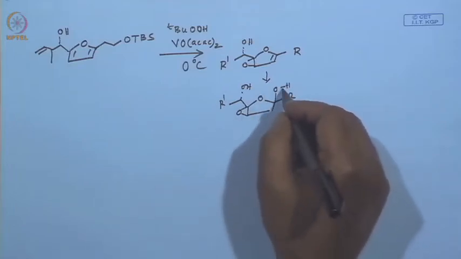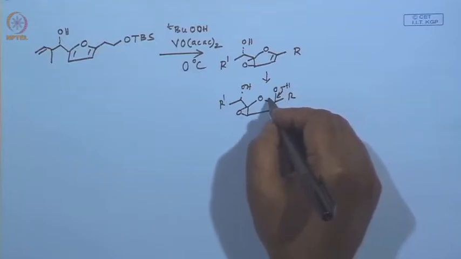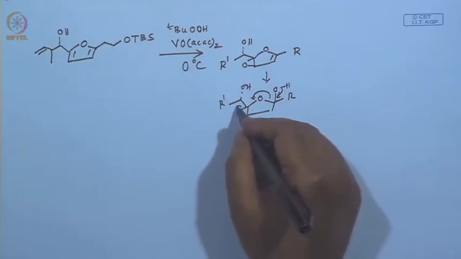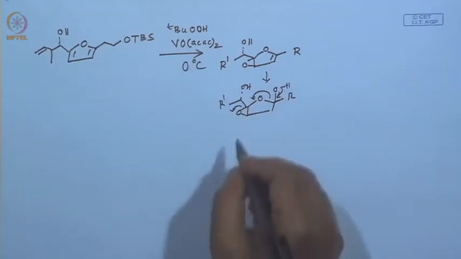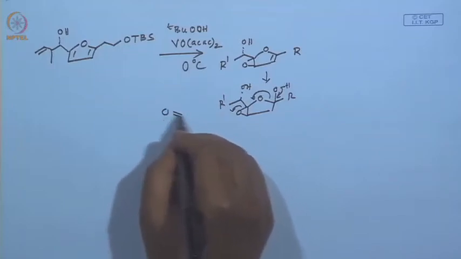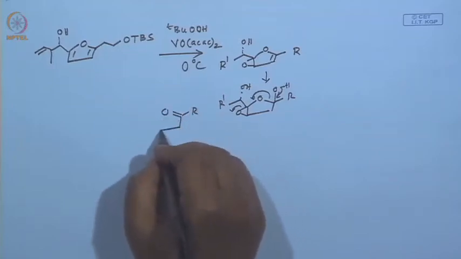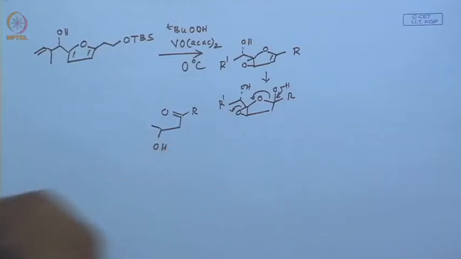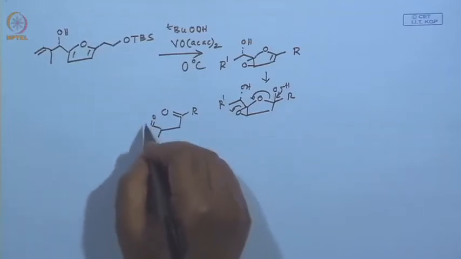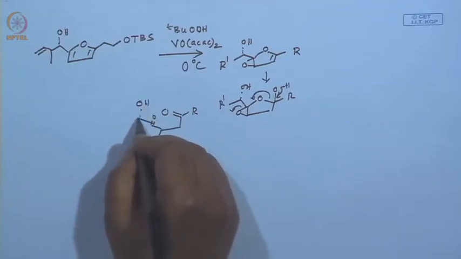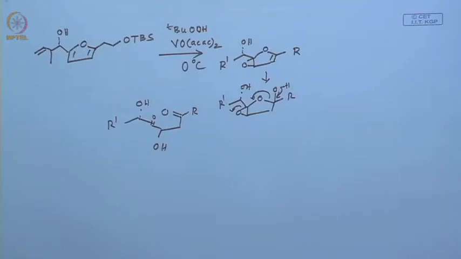And so it again opens up. So what you will see, then you will have the ketone on this side, the R side, then you will have a hydroxy, and then one more ketone, and then you have one more hydroxy, and then R prime, right.